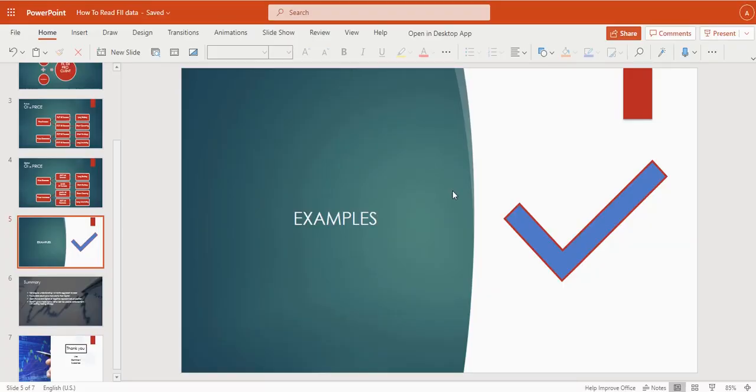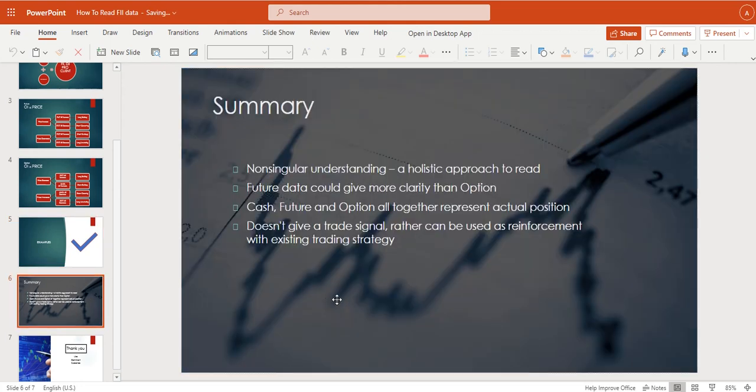So I hope that so far this whole thing gives you a picture of how to get the current positions of the participants in different categories, read this data, and understand whether they are on the bullish side or bearish side. Now let us summarize what we learned.